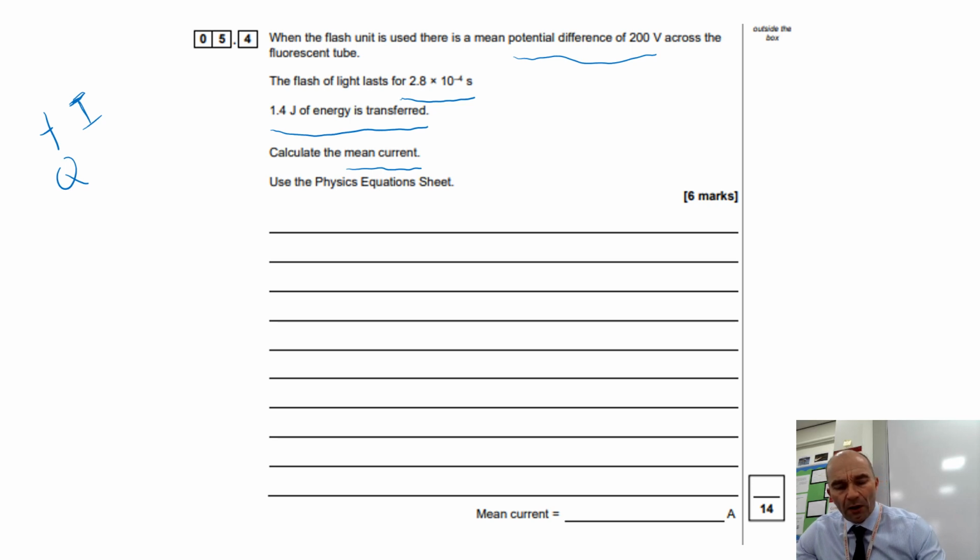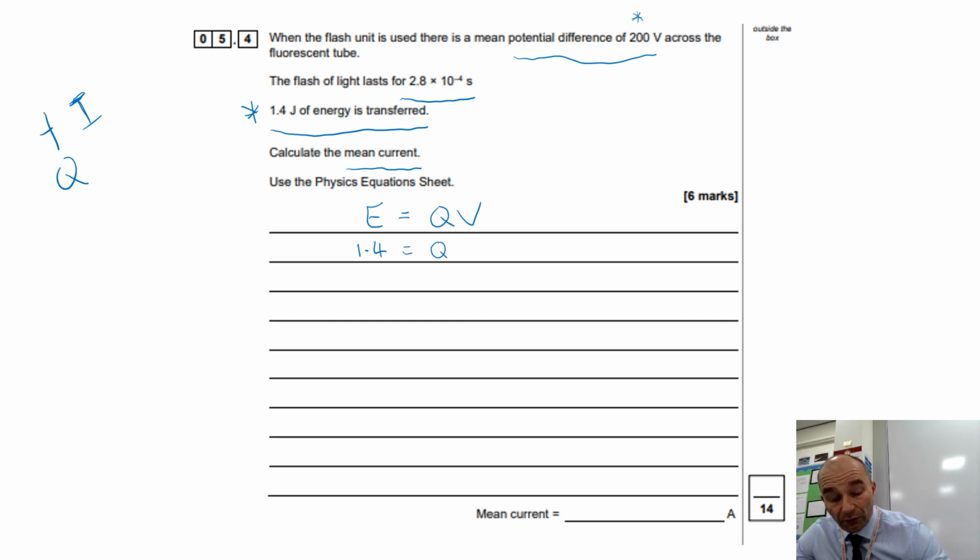However, this is where we need to use our potential difference and our energy, because there is a formula that links potential difference, energy, with our charge flow. It says use the physics equations sheet. In this case, we want energy transferred is charge flow multiplied by potential difference. Now, when we substitute the numbers in, we've got 1.4 joules of energy.